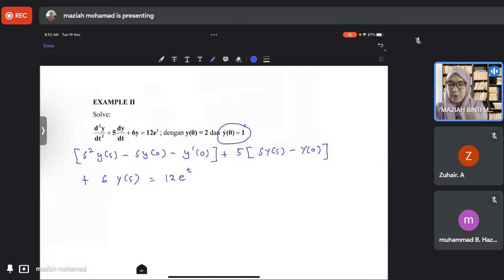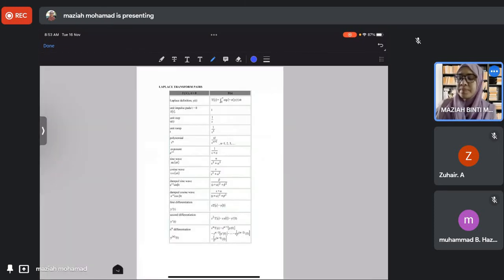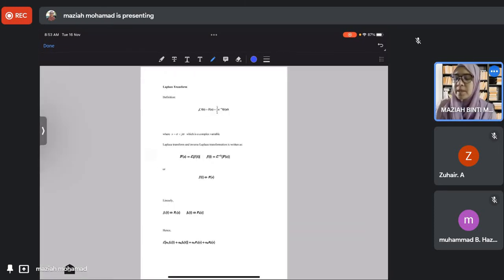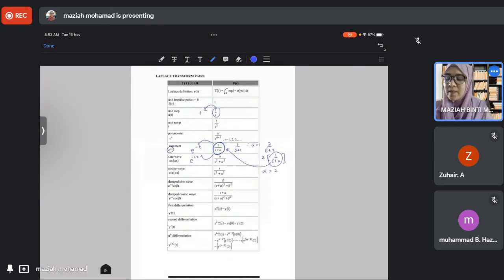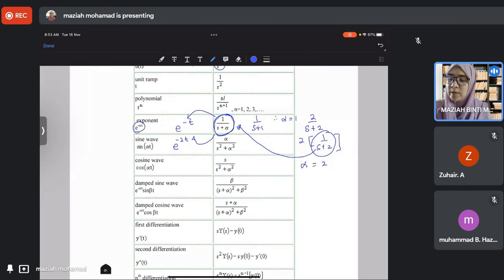Okay, so exponent t in the Laplace form, if we refer to the table, exponent t is this one.